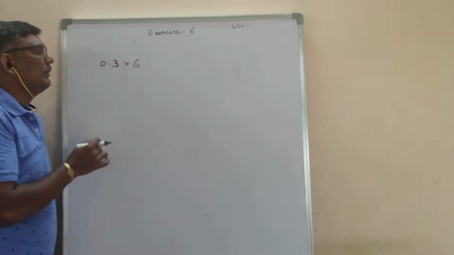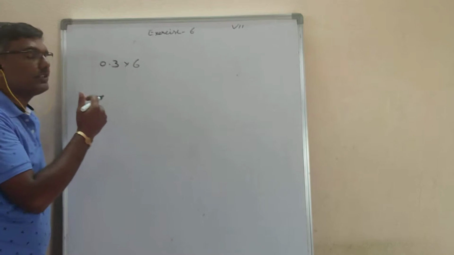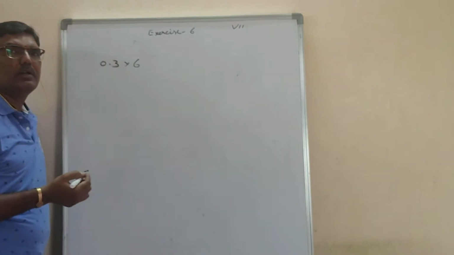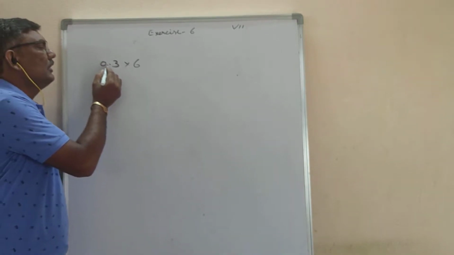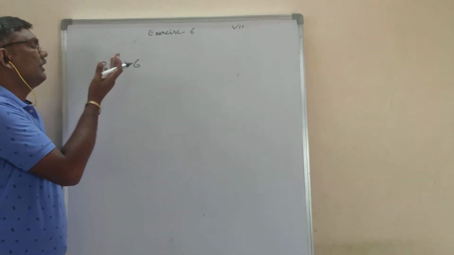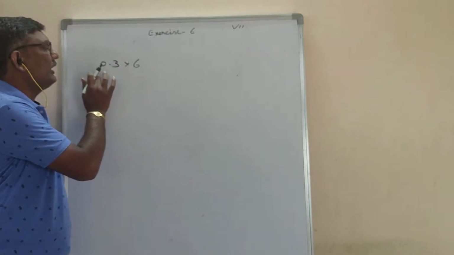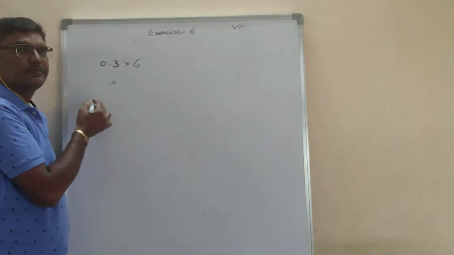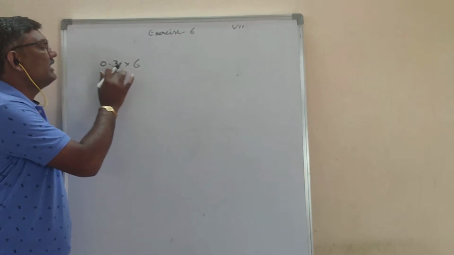How we have to multiply: first, this decimal number is expressed as a fraction. Fraction means, as I said, P by Q form. To express in P by Q form, first remove the point and write the number as it is. Before the point, if 0 is there, 0 does not have any value. So if you remove the point, it becomes 03, which is nothing but 3. Next, how many digits are there after the point?